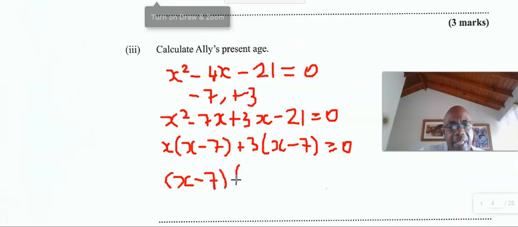Then open another bracket here. X minus 7 times x is the first term, so x will go here. And in the second term, we have x minus 7 times plus 3, so a plus 3 will go here. Equal 0.